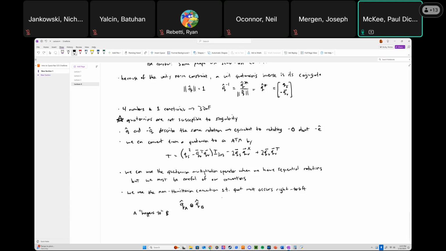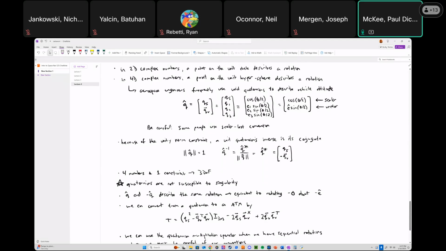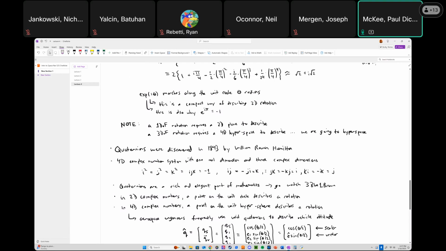We already defined the quaternion with your scalar term as being your real axis, and then your vector term as being I, J, and K members. I squared is J squared is K squared is IJK is -1. IJ gives you K, JK gives you I, KI gives you J. If you follow this convention, then you can do all of your multiplication.